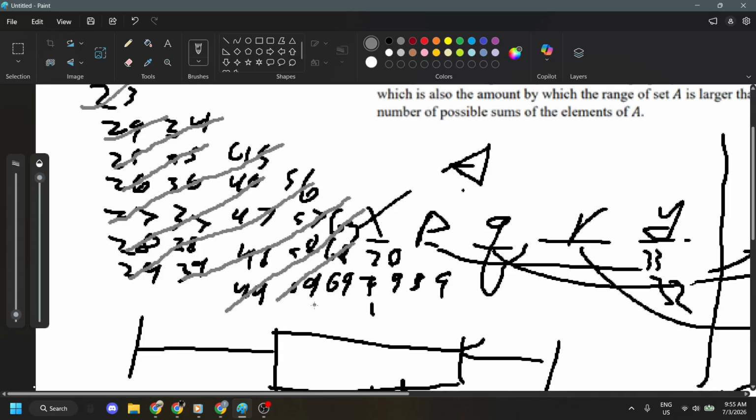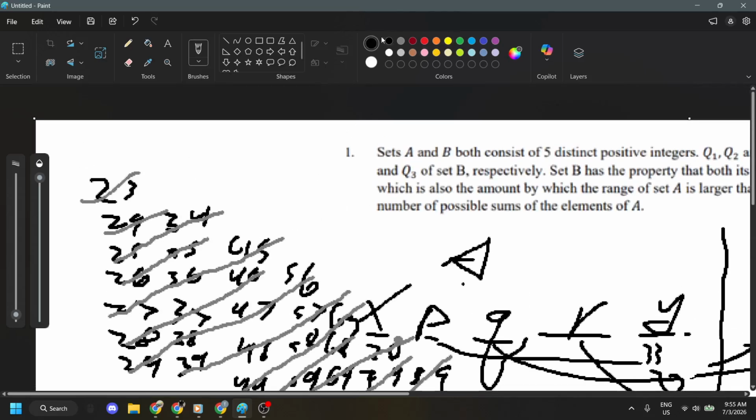This is 8. This is 17. This is 17. This is another one. So we have all these different sums. 5, 6, 7, 8.